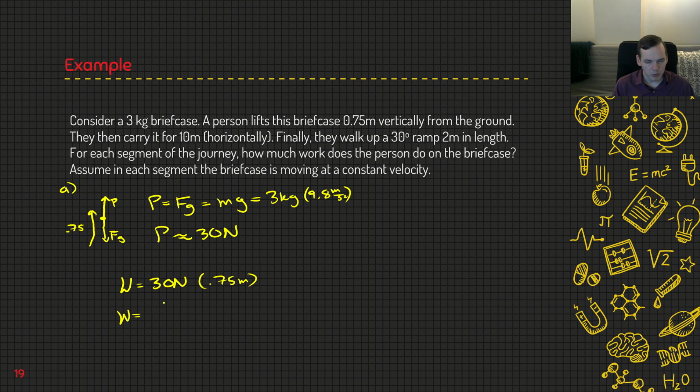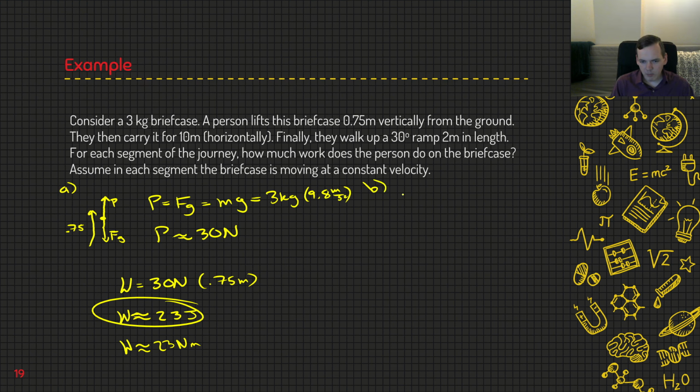A quarter of 30 is a little less than 8, so we're looking at something around 23-ish joules. The work is about 23 joules. Technically, you'll more often see work presented as Newton meters, so about 23 Newton meters. That's not really precise, so don't quote me on it. You can run the full calculation to do it properly, but it should be roughly there.